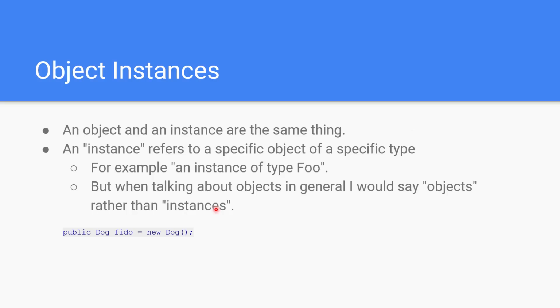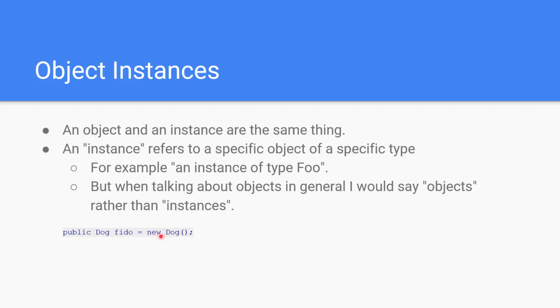So object instances. It's great to have a class, but we need that class to actually do something. So we create objects from these classes. So we instantiate those objects. Here you can see that in this declaration we are declaring a Fido of type dog. And this over here on the right is the constructor.